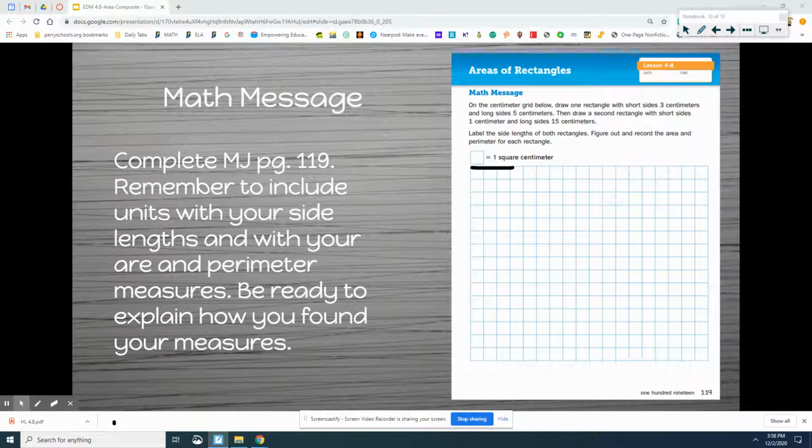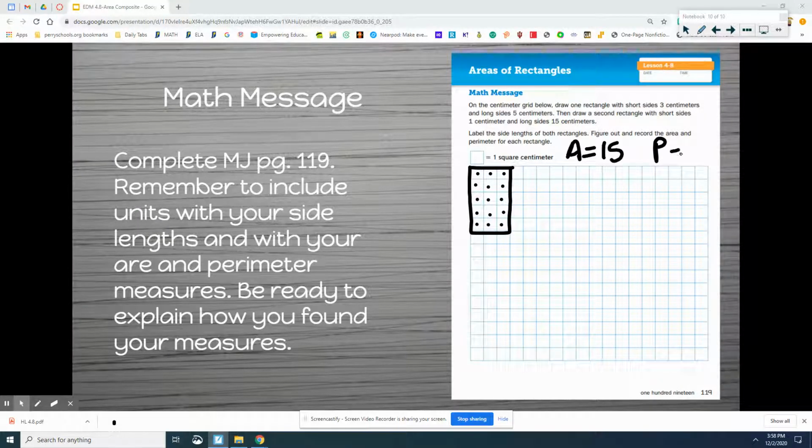The long side has 5. 1, 2, 3, 4, 5. And it's asking me to find the perimeter and area. So first of all, what's the area? You should have said 15. 1, 2, 3, 4, 5, 6, 7, 8, 9, 10, 11, 12, 13, 14, 15. So my area equals 15.